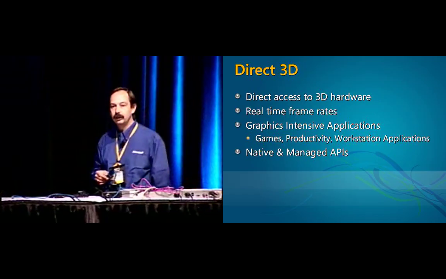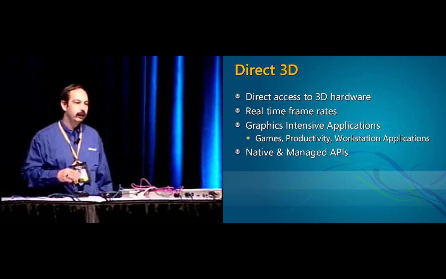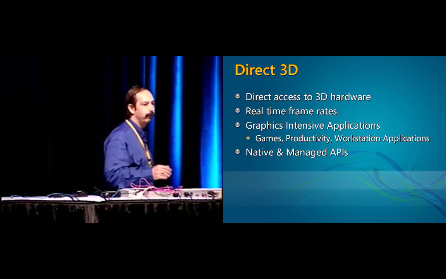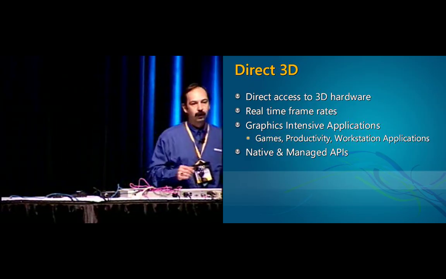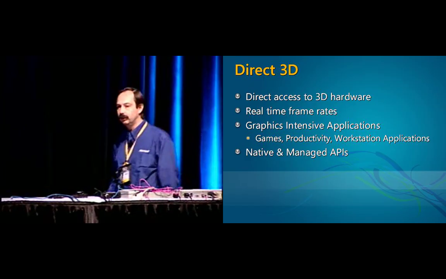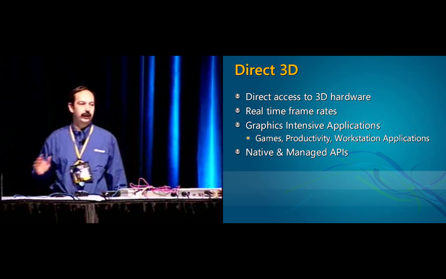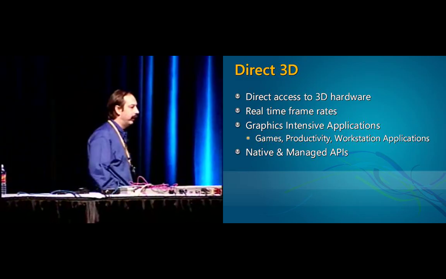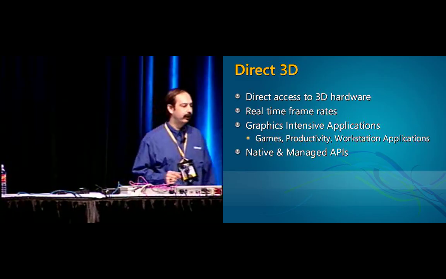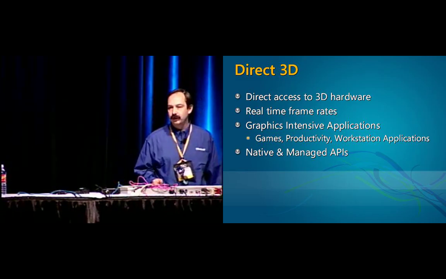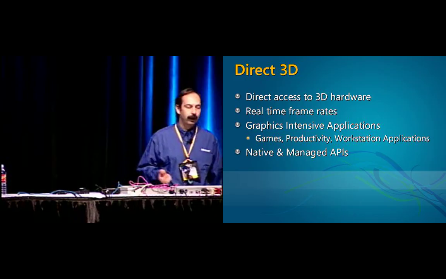For those of you who aren't as familiar with Direct 3D, the main purpose of Direct 3D is to get direct access to the hardware. We're really talking about applications that need the raw power of the GPU, that need high frame rates. Your applications are going to be highly graphically intensive. These could be games. They could be workstation applications like CAD and so on.